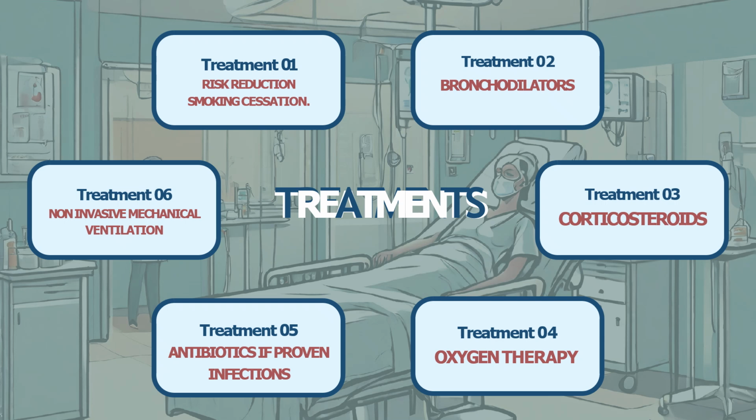And after that we give oxygen therapy, yes, of course, and our targeted oxygen saturation will always be 90 to 92% in case of COPD. Next are antibiotics if there is a proven infection, and non-invasive mechanical ventilation.